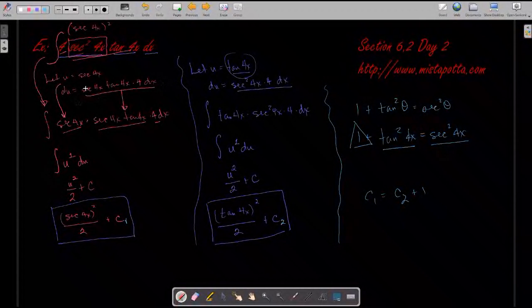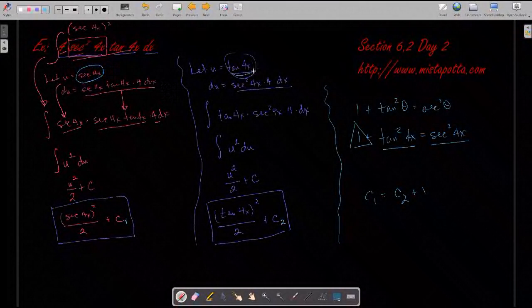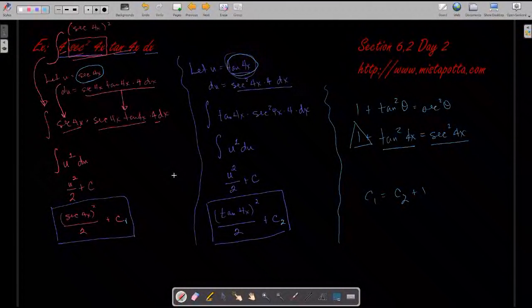One approach using one value for u, one approach using a different value of u, end up with functions that look completely different and yet end up being equal, only being different by a constant.